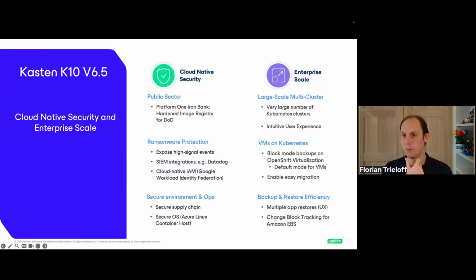But for some people, this is not enough. So we now have all our images also on Iron Bank. It's very public in the US, but also the UK and some other parts of EMEA are working together with Iron Bank, a hardened image registry where all our images are available.